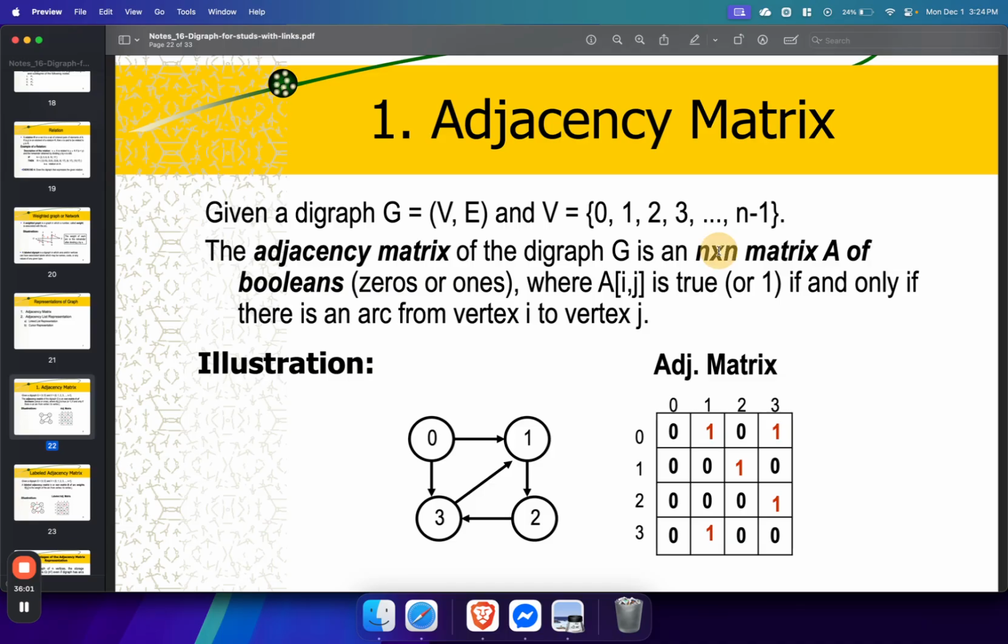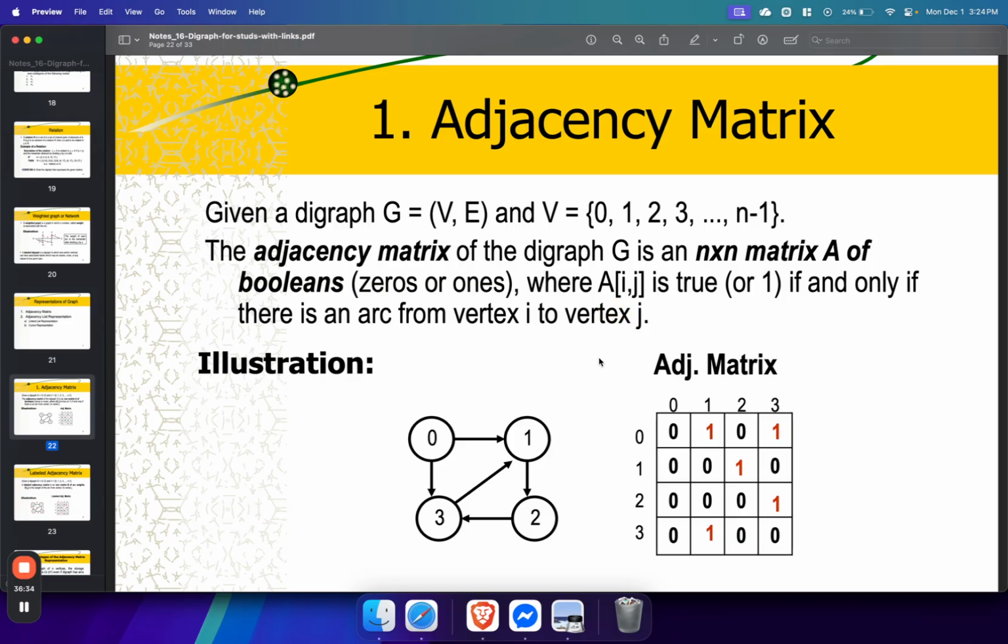First is n by n, so the size of your matrix depends on the number of vertices in your graph. The values inside your matrix will be zeros or ones, and whenever there is an element, the value at ij inside this matrix, matrix A, will be 1 if there is an arc from i to j.